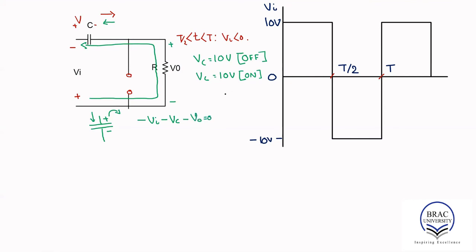So minus Vi, which is minus 10, minus 10 equals V0. So V0 is equal to minus 20. That is the voltage when the diode is off.